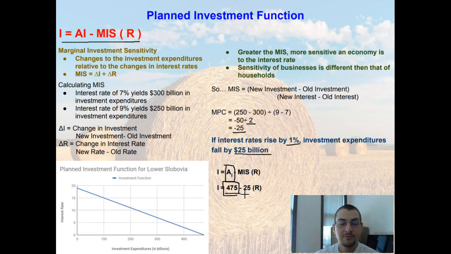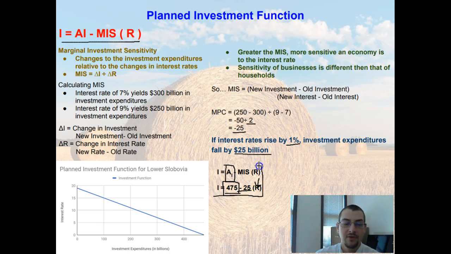Nobody has to pay interest, so that's about the amount they would invest. But as interest rates increase by just 1%, the level of investment will fall off by $25 billion.